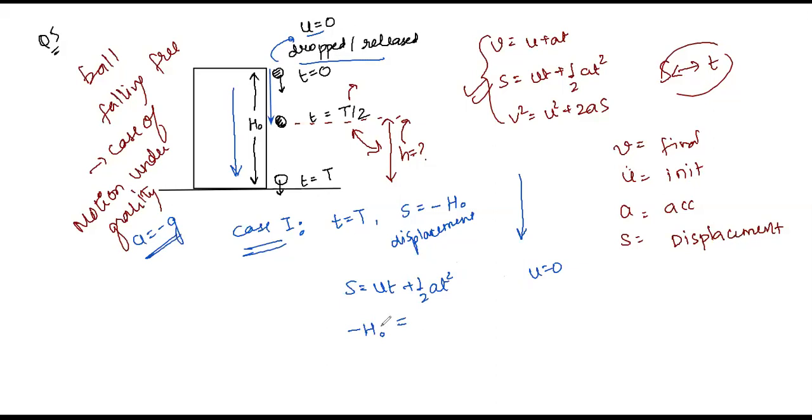So you will write minus h naught is equal to 0 plus half into minus g into T square. Time taken for it to reach the ground was capital T, right? So you get a relation between h naught and capital T. The relation is h naught is equal to g T square by 2, right? Now you are being told to find the height at t is equal to T by 2.